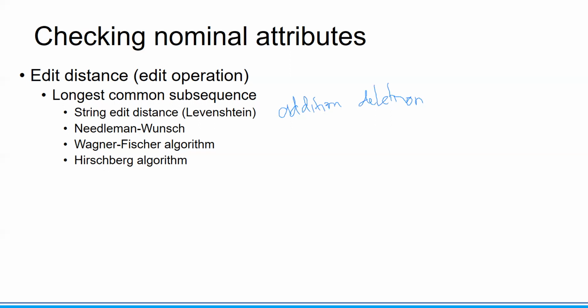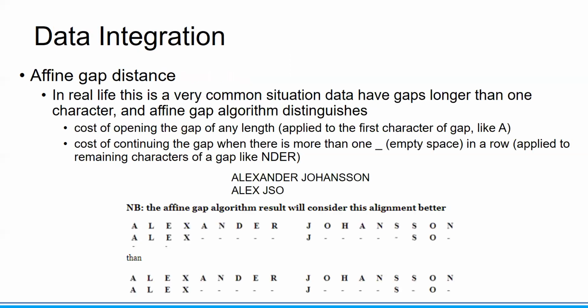That's the common Levenshtein. But I would like to also explain another approach, which we call the affine gap distance. In real life, it is very common for data to have gaps longer than one character. And the affine gap algorithm distinguishes this.